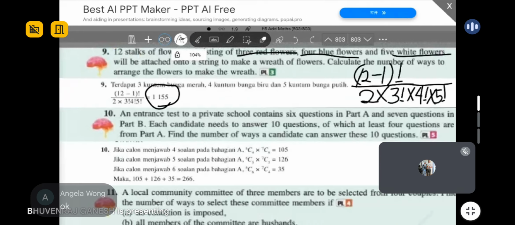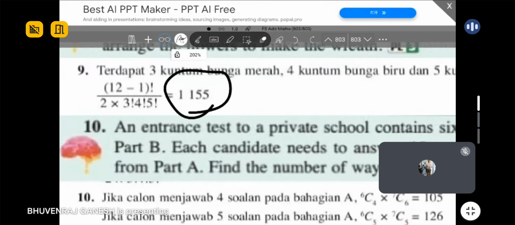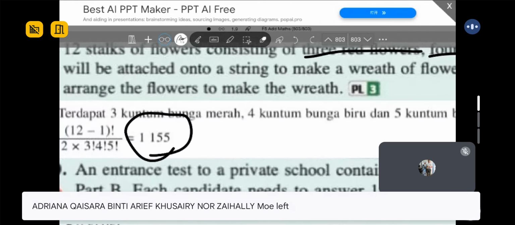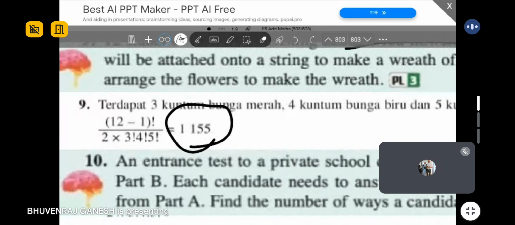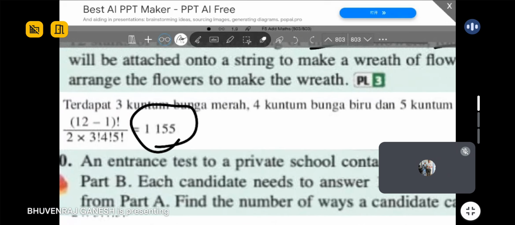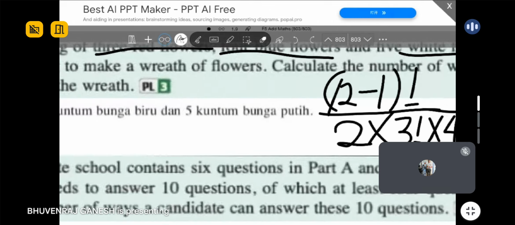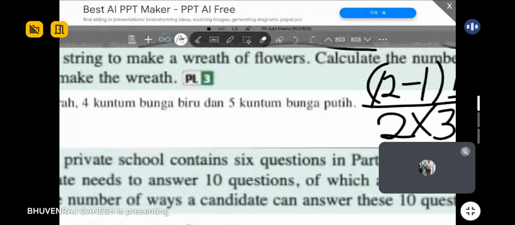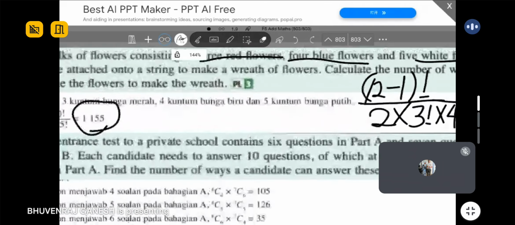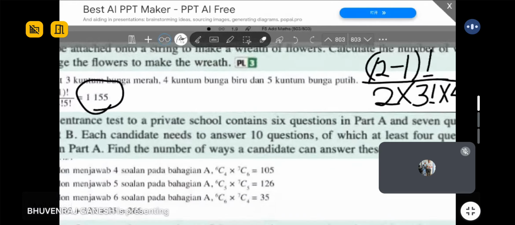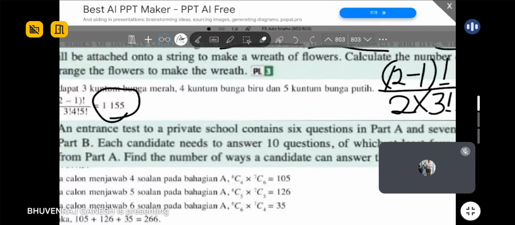Okay. So now we go to question 10. So for question 10 onwards, we are talking about combination. Gabungan already. 10 to 14. So there is no permutation, if not mistaken. Okay. So over here, they say that a school contains 6 questions, 6 questions part A, 7 part B, and calon kena jawab 10 soalan.